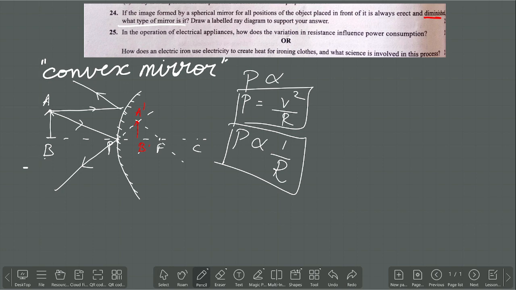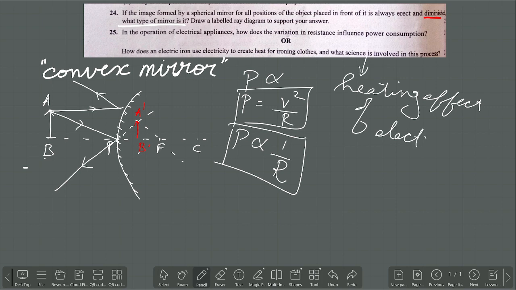And next one: how does an electric iron use electricity to create heat for clothing, and what science is involved in this process? The science involved here is called the heating effect of electric current.